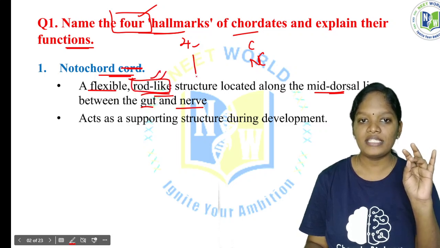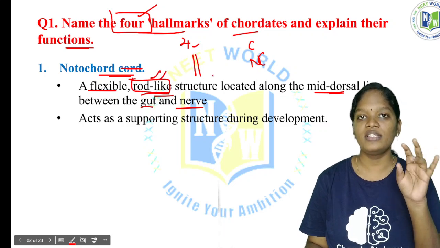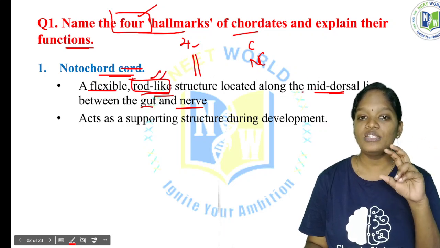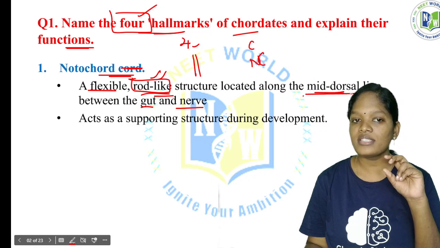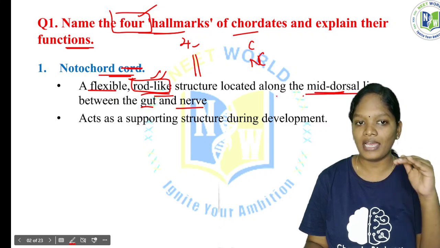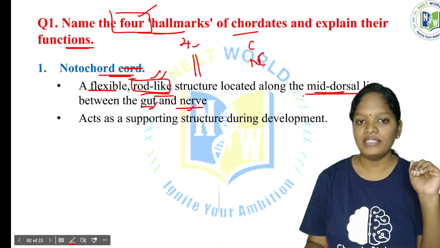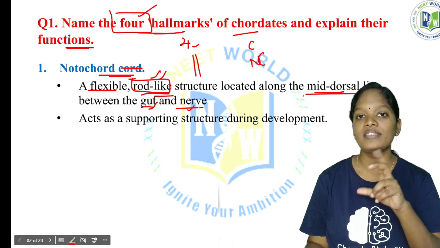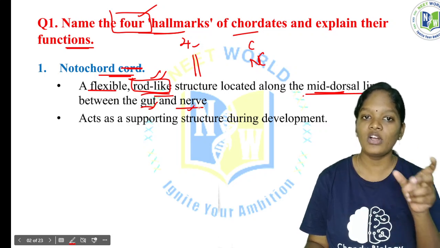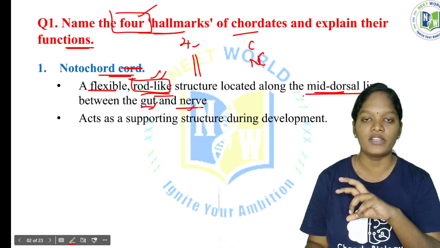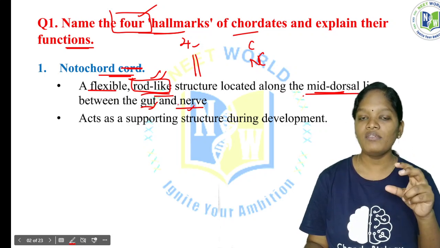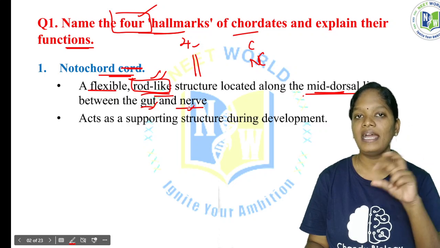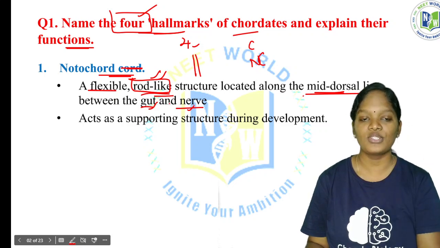It is located along the mid-dorsal line, the middle upper line, between the gut and the nerve cord. You should not think the nerve cord is also called the notochord. The nerve cord is different and the notochord is different. The notochord is present between the gut and the nerve cord. So this is the structure and location of the notochord.